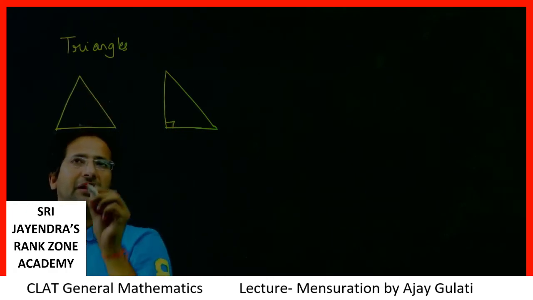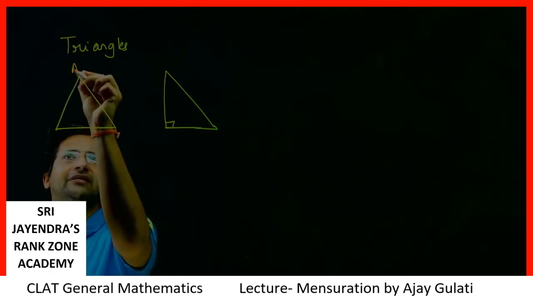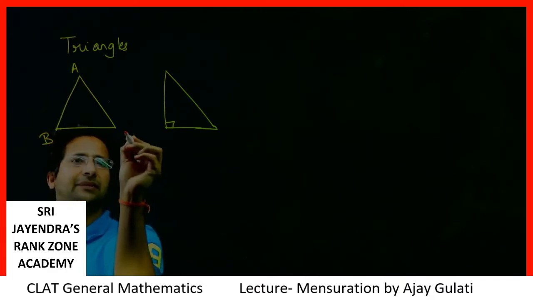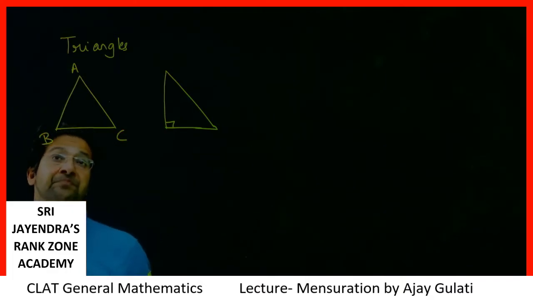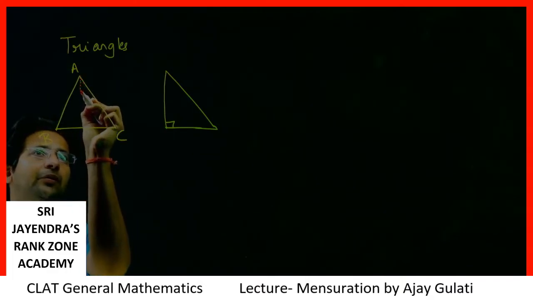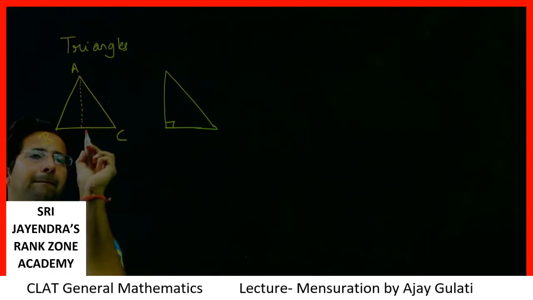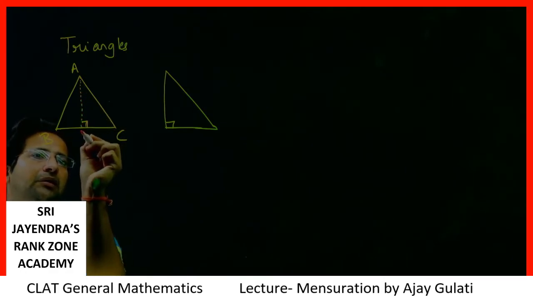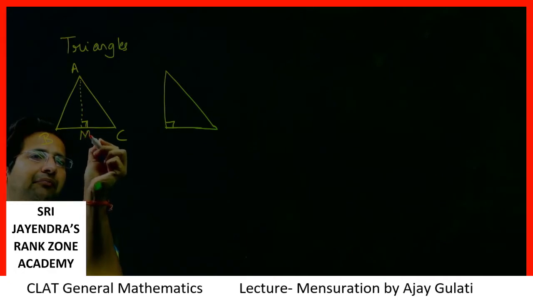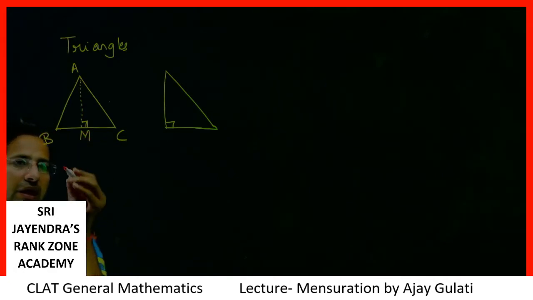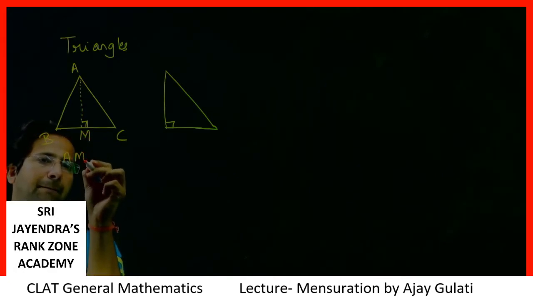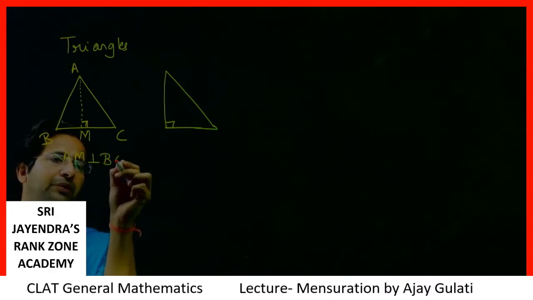In this triangle, let's say this vertex is A, this vertex is B, this vertex is C. I drop a perpendicular from here to here. This point is, let's say, M. Okay, here what we have, AM perpendicular to BC.